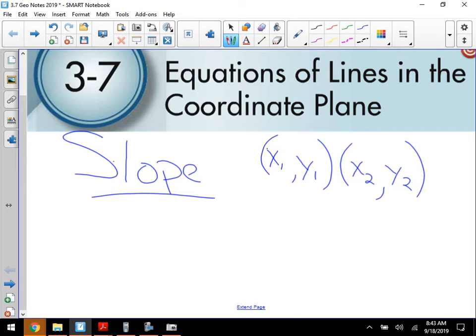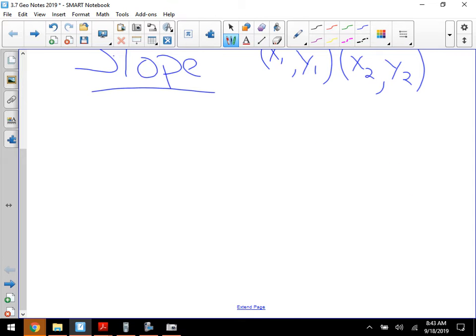Slope in and of itself, do you guys remember what it was in terms of a ratio? Slope was what over what? Rise over run, okay? We call it rise over run.